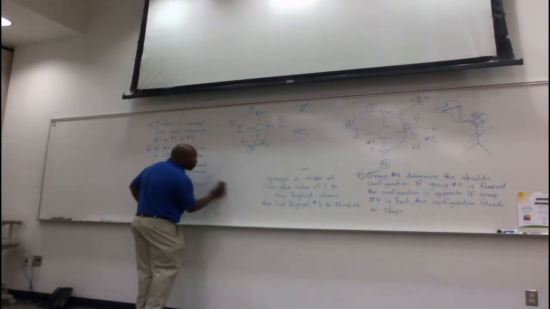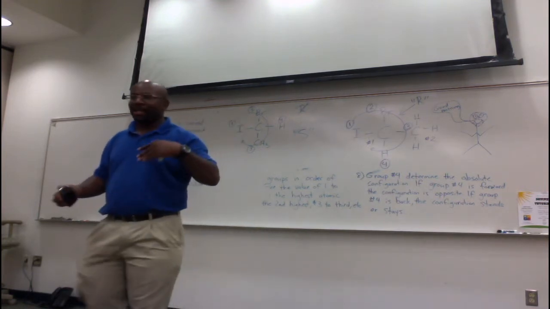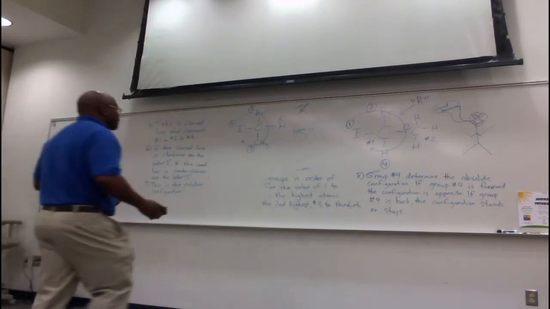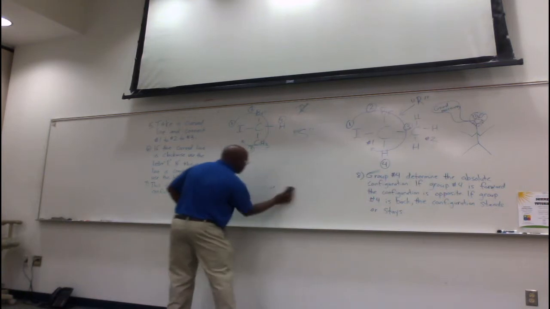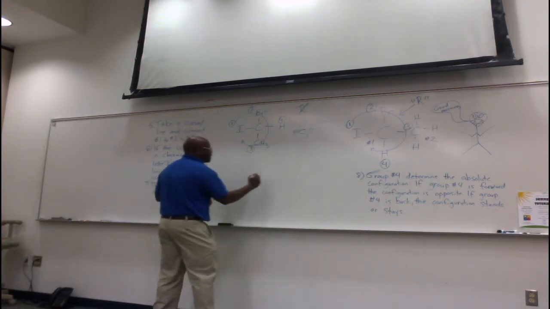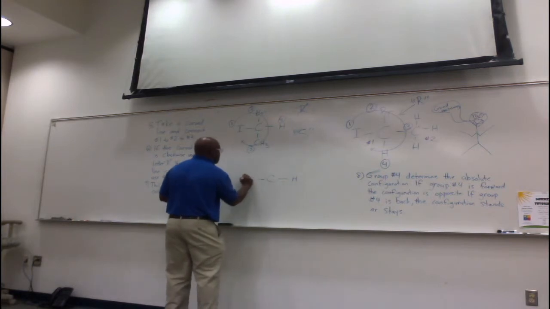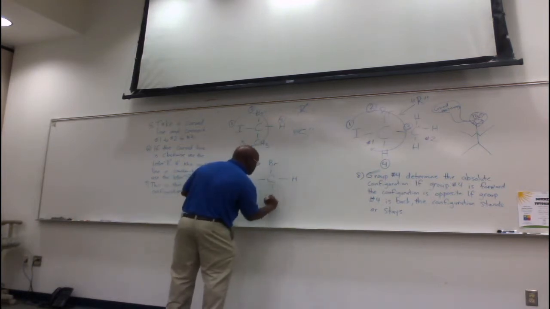Remember in our arrangement, we said that everything for the head and feet was understood to be back, arms understood to be forward. So we take a C, H, I, Br, CH3.